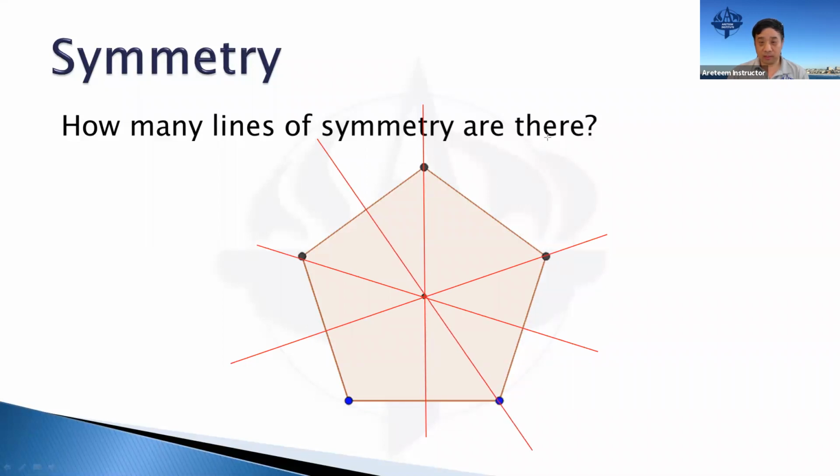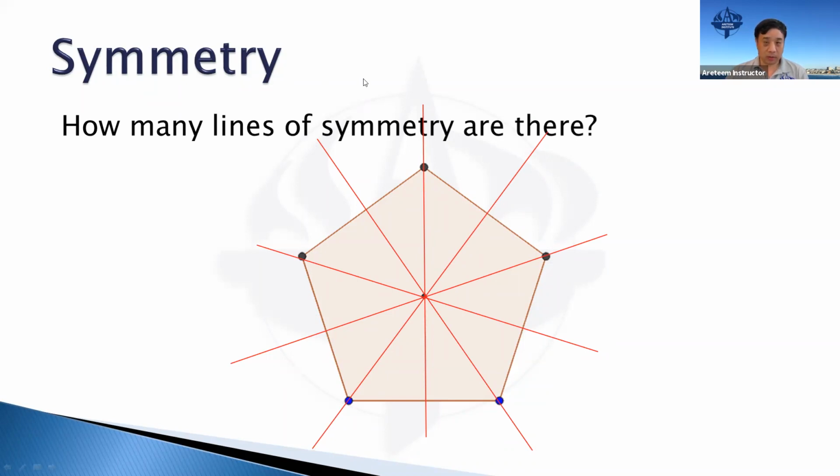And finally, this one. Our focus is on symmetry, so that's 5 lines of symmetry. A flip is a flip across any of these lines, and the result is still the same.